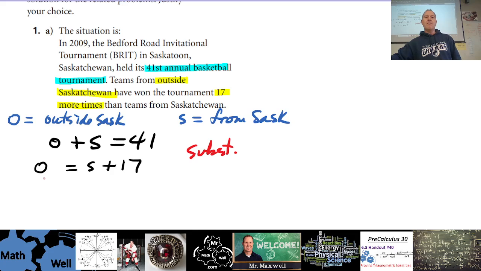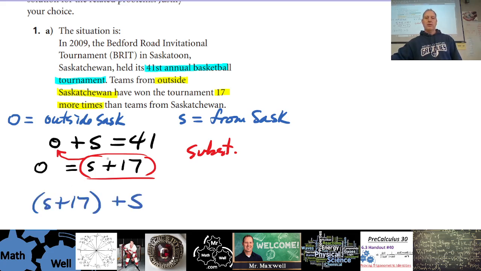I see that I already have O isolated. So guess what? This expression for O is going to go in for O in the other equation. So I'm going to have S plus 17 in for this O plus S equals 41. You guys see how that's a good choice for substitution there? Yes?